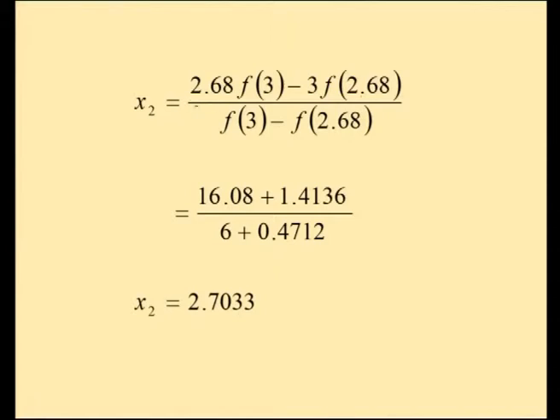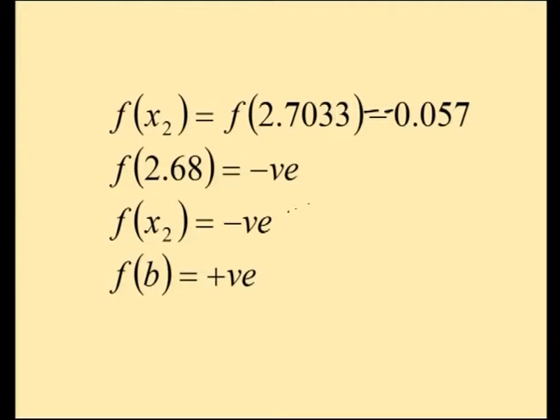Then we compute x2. x2 is 2.68 into f of 3 minus 3 into f of 2.68, divided by f of 3 minus f of 2.68, and this value comes to be 2.7033. And then f of x2 is calculated. f of 2.7033 is equal to minus 0.057, so f of 2.68 is negative, f of 2.7033 is negative and f of 3 is positive.